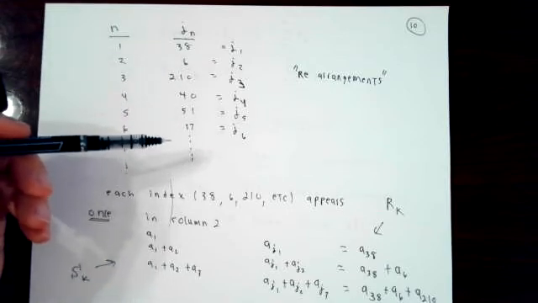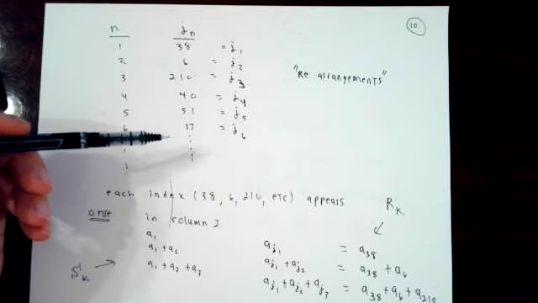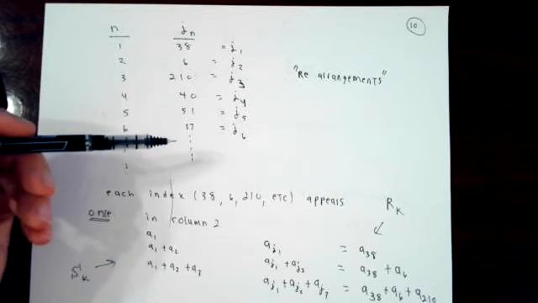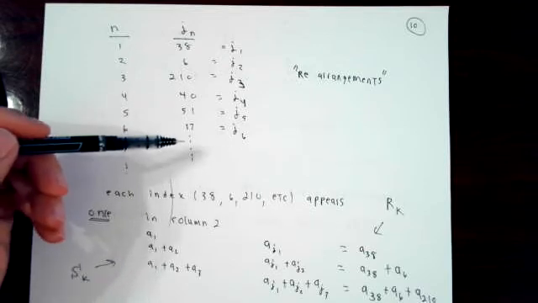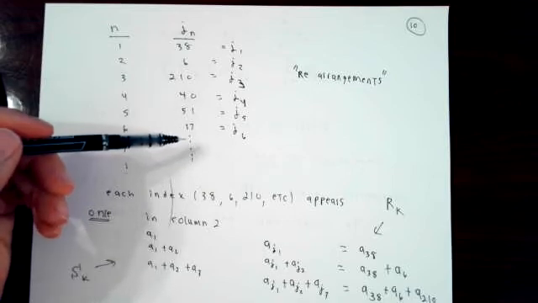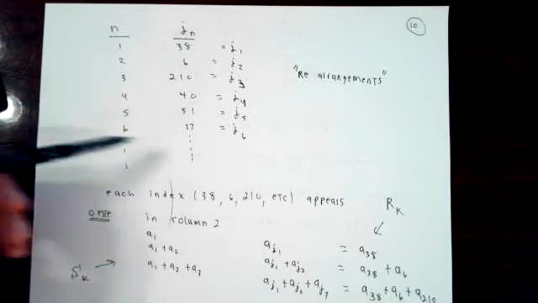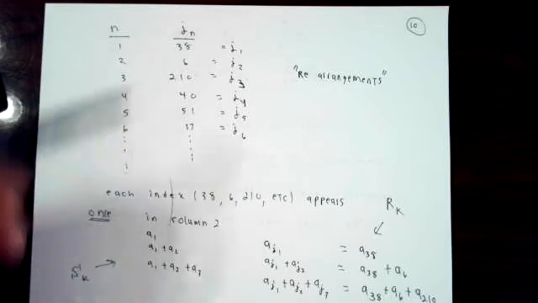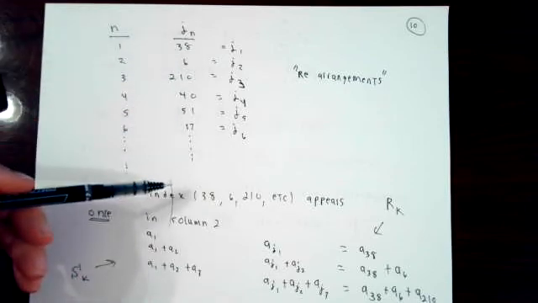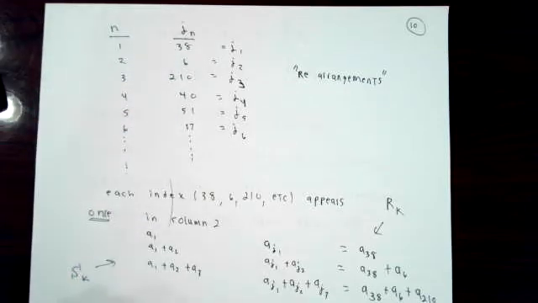Now, that may happen early on, or it may happen very late, but sooner or later, number 1 shows up in the second column. So maybe it's 1,000 or something. Maybe I have to add up 1,000 of these things before I get a number 1.